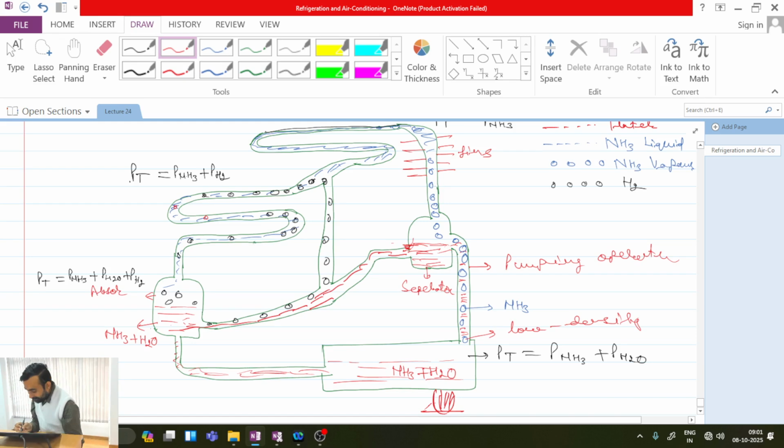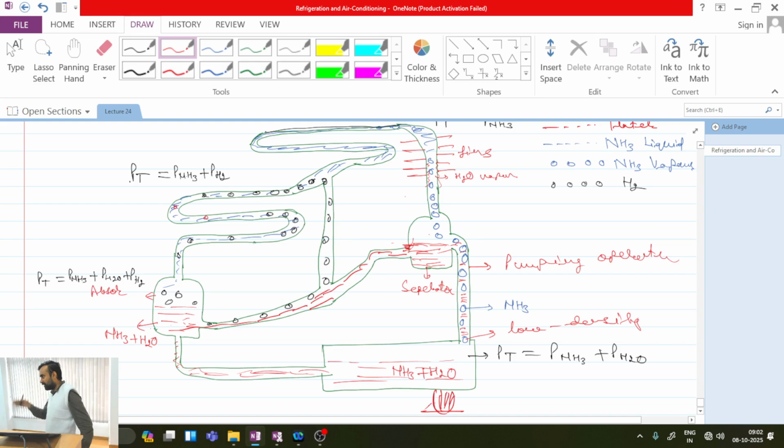So if any water vapor has entered this portion, that water vapor will condense. The liquid amount here will be very small, so it will be close to the walls and cannot rise with the bubbles.